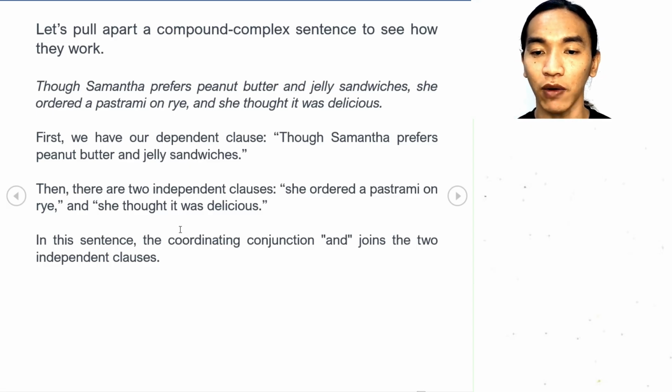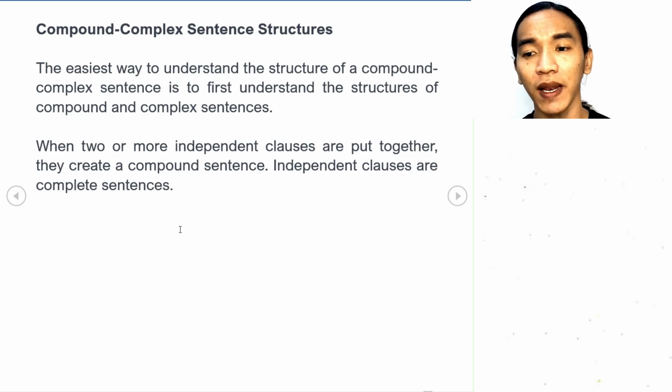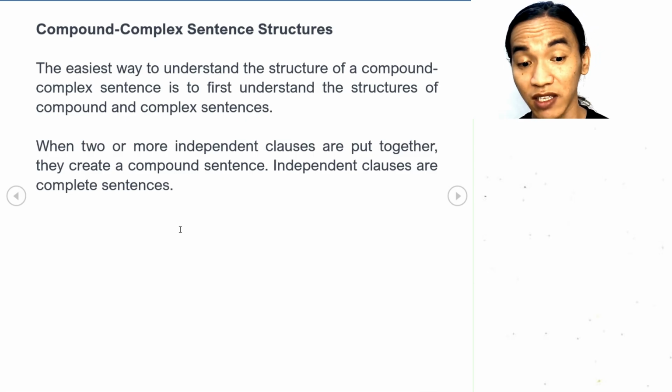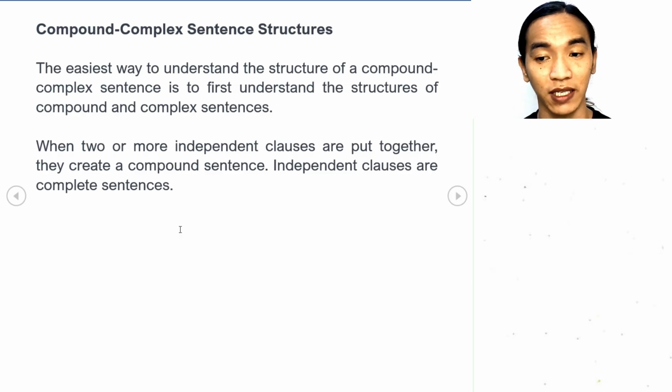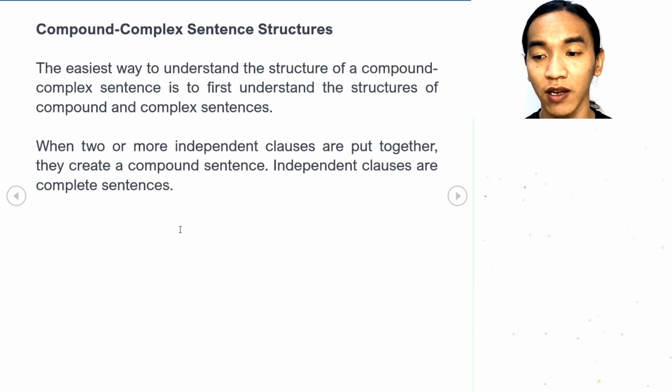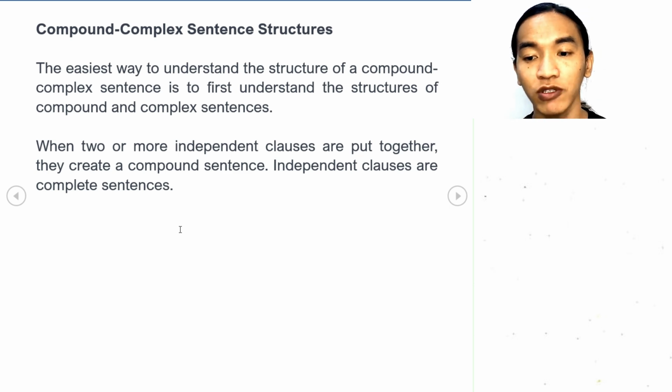Okay, now, so compound complex sentence structures. Now, the easiest way to understand the structure of a compound complex sentence is to first understand the structures of compound and complex sentences separately. So when two or more independent clauses are put together, they create a compound sentence.